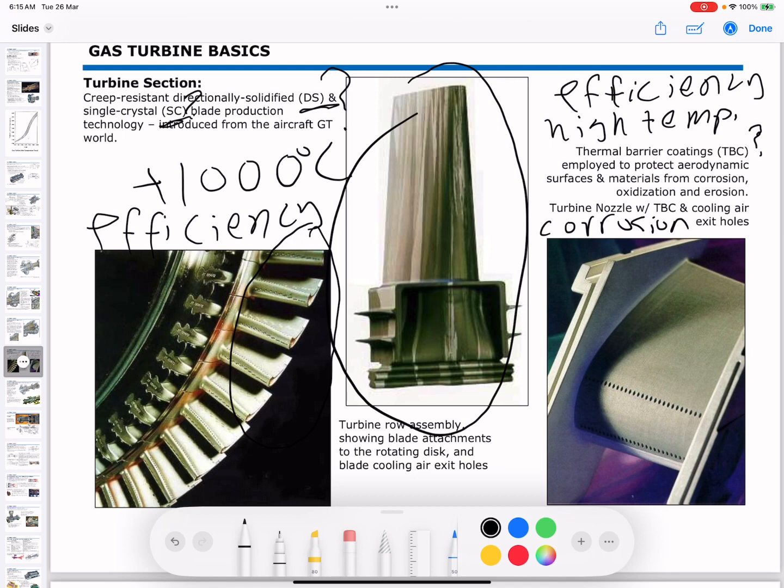TBCs also provide corrosion resistance and thermal shock protection, important for aerospace and power generation applications by absorbing thermal stresses and extending operational limits. They also play an important role in improving engine reliability and durability.